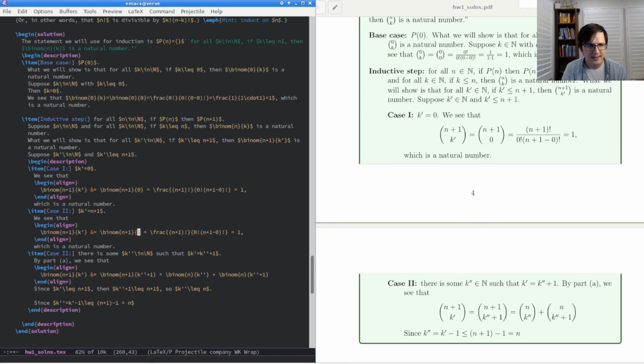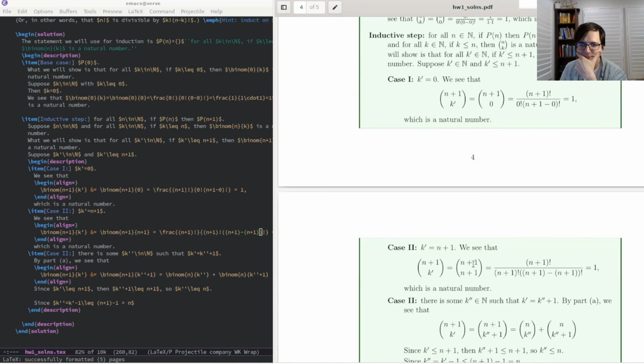So, n plus 1, and now this would be n plus 1 factorial, and we have n plus 1 minus n plus 1, and so that's 1, which one can calculate. I wonder if anyone wants to see this with the 0 there, but I'll just leave it as is.